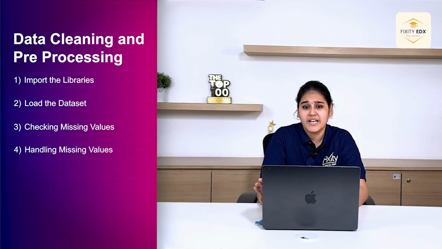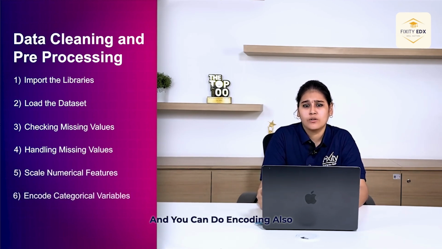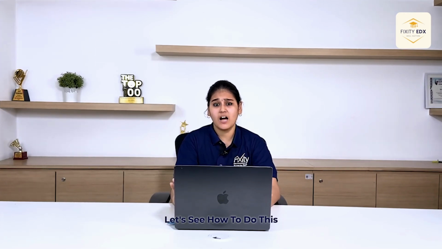After cleaning the data, if your data has wide ranges, then you have to scale them. And you can do encoding also. Suppose our column has binary values, then you can change them to 0 and 1, which is helpful for creating a model. Let's see how to do this.